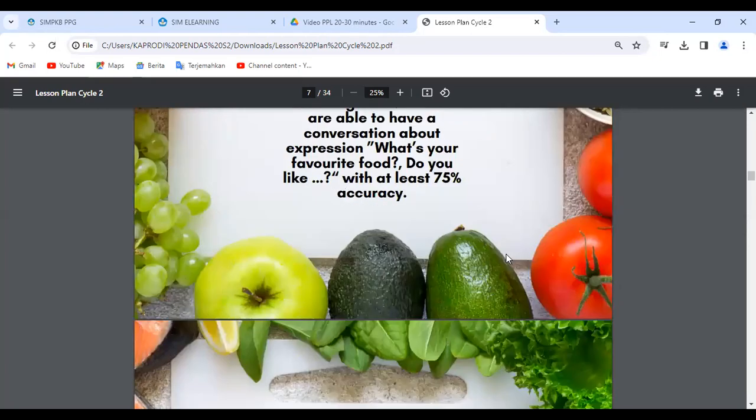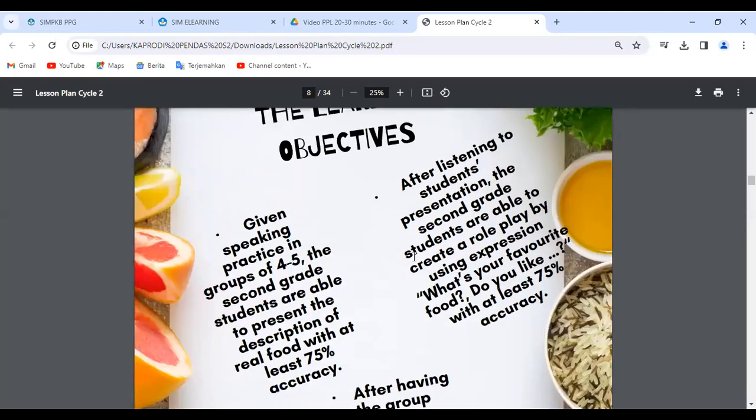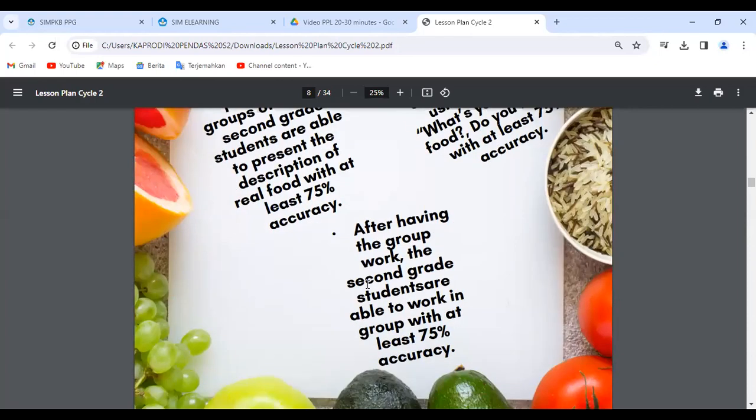That will be the difference from the previous teaching document that you shared. We can also see in the learning objective speaking practice in groups, consisting of groups of 4 and 5.